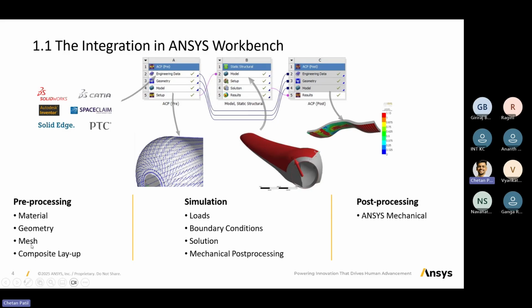That is why the mesh is created here as a temporary mesh. Then you do the composite layup on the model. Once all this is done, you take the composite model for the simulation, where you apply the loads and boundary conditions and solve the simulation. There itself, you can do the mechanical post-processing, which is also mentioned in the Ansys Mechanical post-processing part.